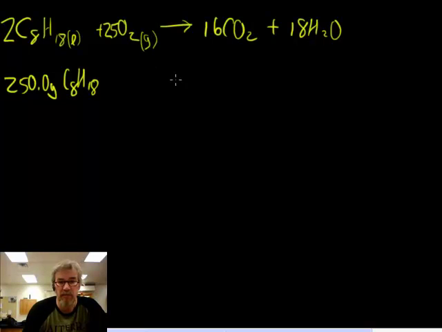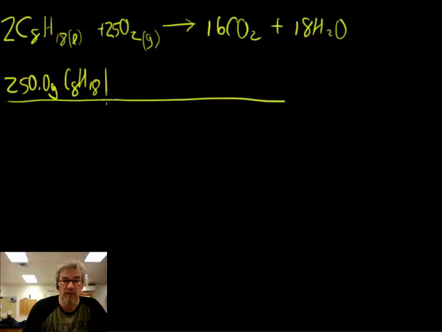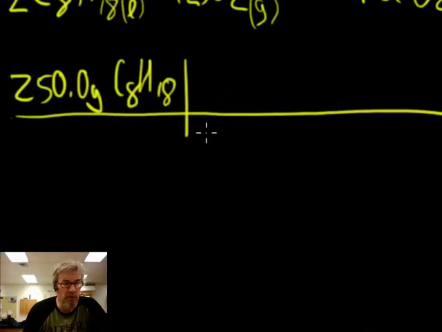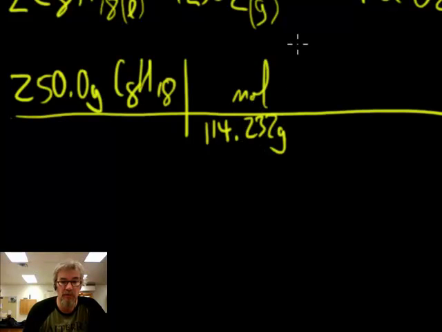So we're going to have to find moles first and then use the ideal gas law to provide us with liters. So let's do some stoichiometry right off the bat. First of all, the molar mass of octane, it's 114.232 grams per mole. So with grams down here, I have now moles of octane, and I can do stoichiometry.